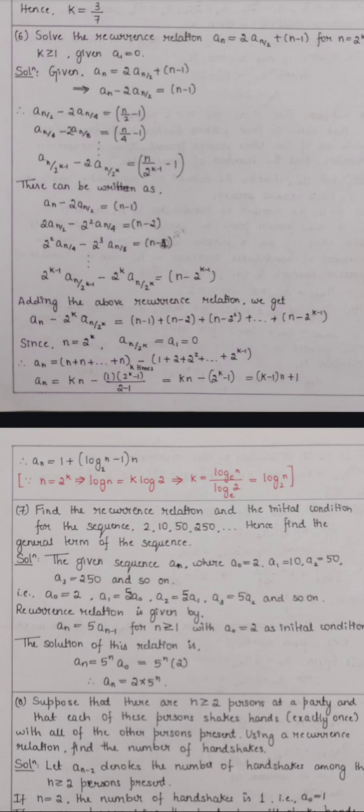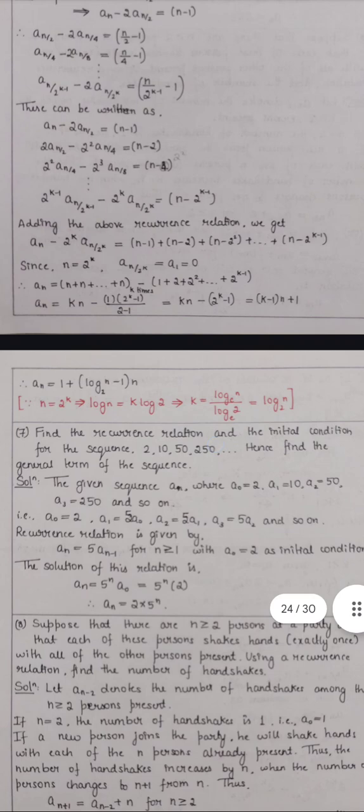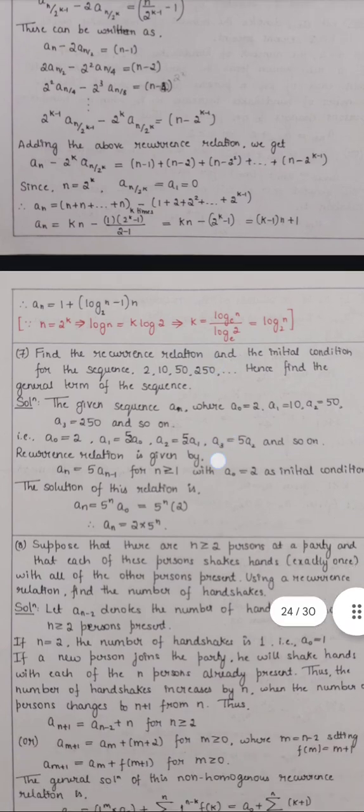Multiplying again, 2 square a(n/4) - 2 cube a(n/8) = n - 4. That is, 2^(k-1) a(n/2^(k-1)) - 2^k a(n/2^k) = n - 2^(k-1).